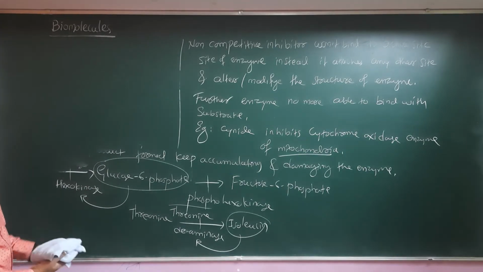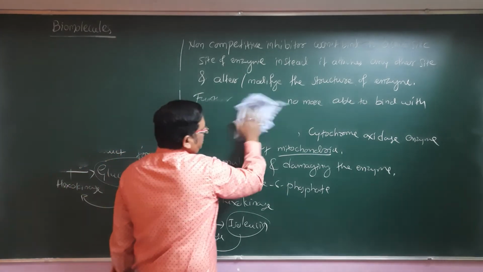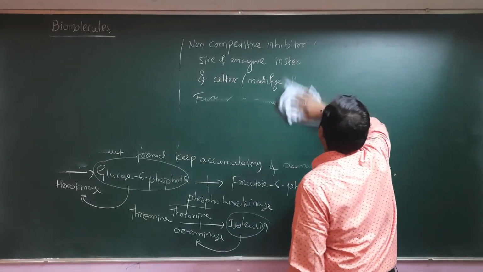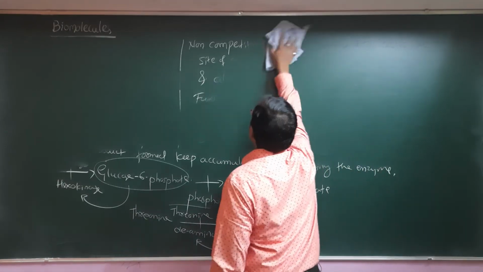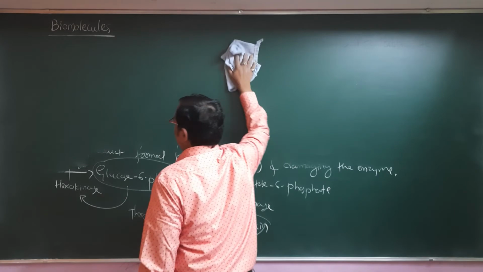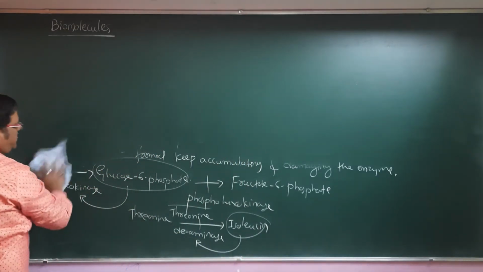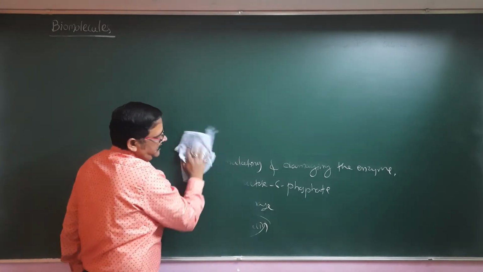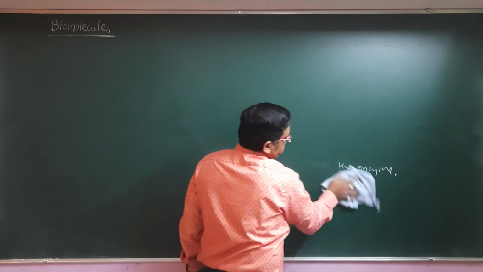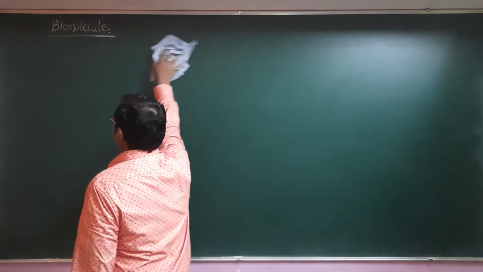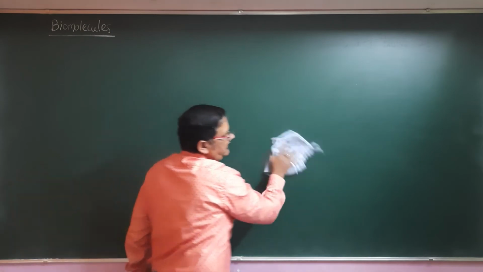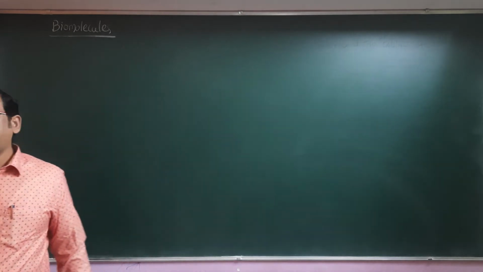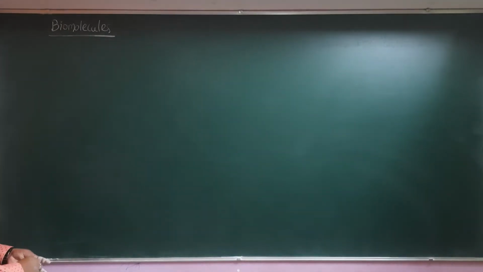You might have seen in a number of books they mention EC 1.1, 1.2, 1.2.3. So EC refers to Enzyme Commission. It is the board that decides the nomenclature of the enzymes. So, so far, well-known enzymes are of 6 types, and we will be discussing those 6 categories of enzymes.